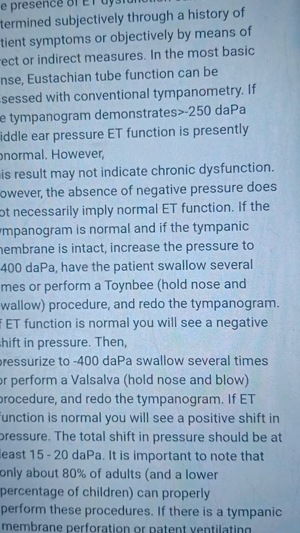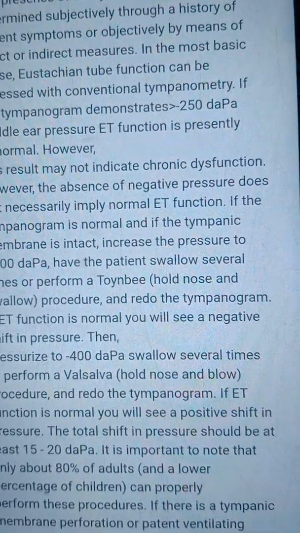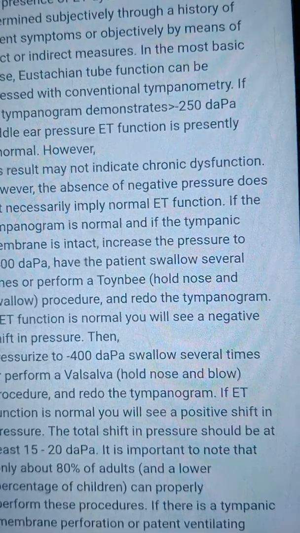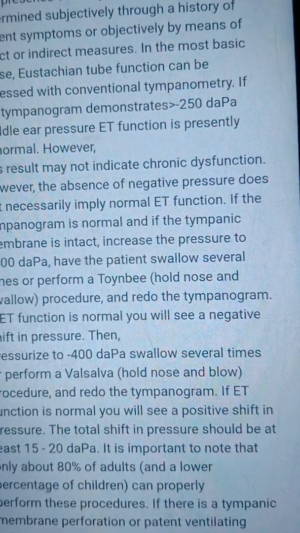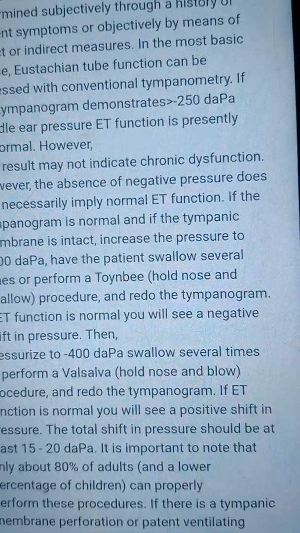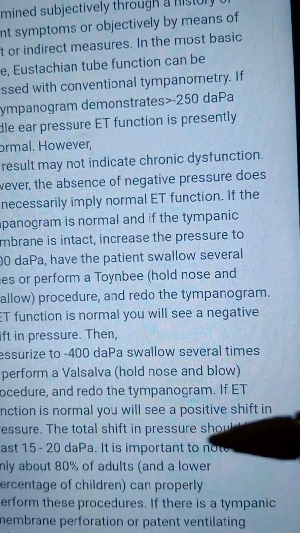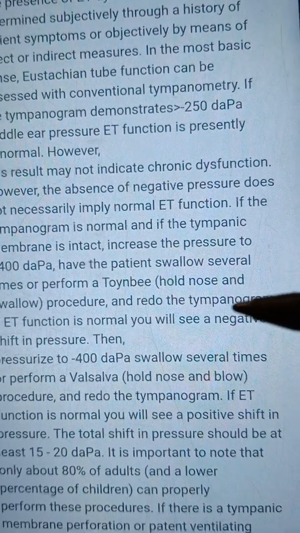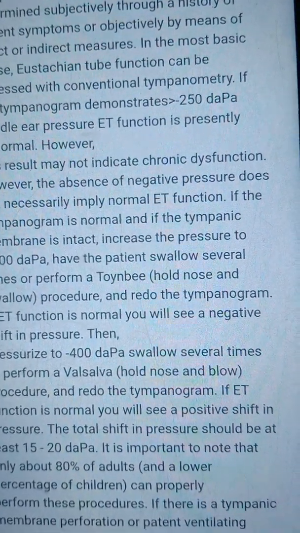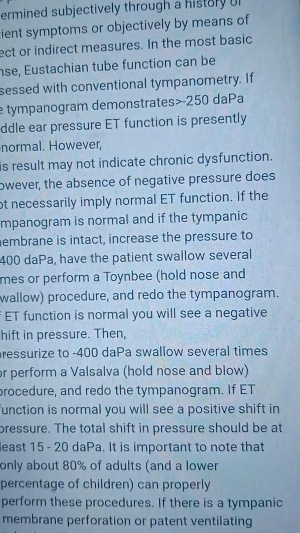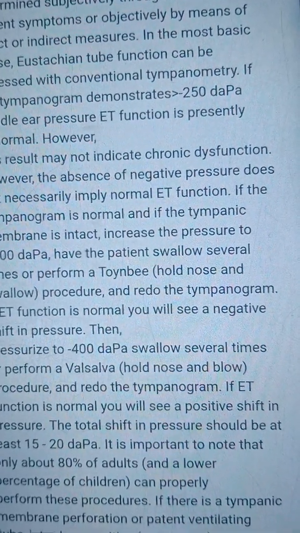If the tympanogram is normal and if the tympanic membrane is intact, increase the pressure to 400 decapascals, have the patient swallow several times, or perform a Toynbee maneuver, which is holding the nose and swallowing, and redo the tympanogram. If the eustachian tube function is normal, you can see a negative shift in pressure.